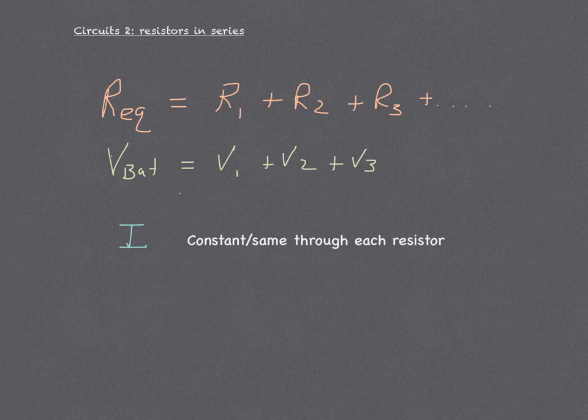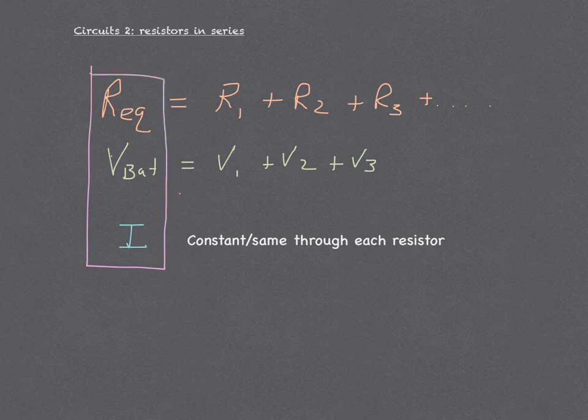Okay, so if we wanted to solve a problem using this information, to figure out the total current moving through the circuit, we would have to use these values right here. Okay? You'd have to know the total resistance and the total voltage supplied by the battery to figure out the rate of current flow.